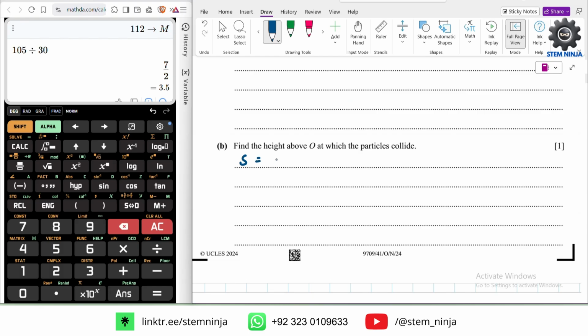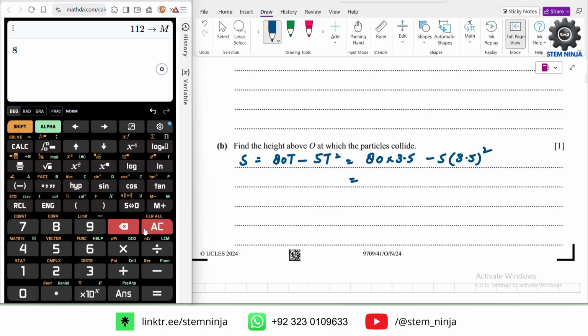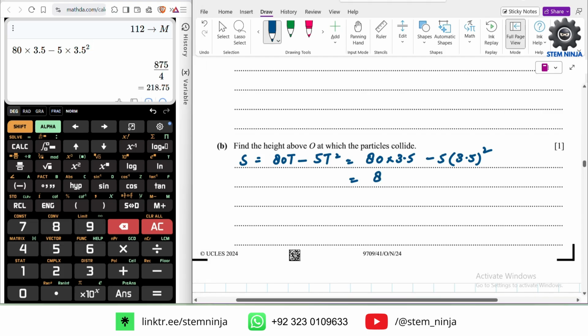S is equal to 80t minus 5t squared, so 80 times 3.5 minus 5 times 3.5 squared, which is 875/4, or you can also write it as 218.75 meters.